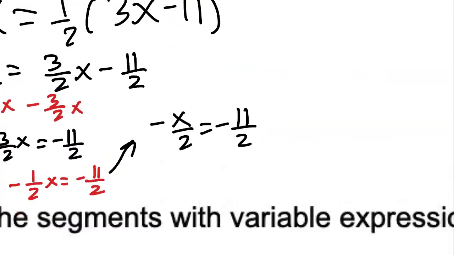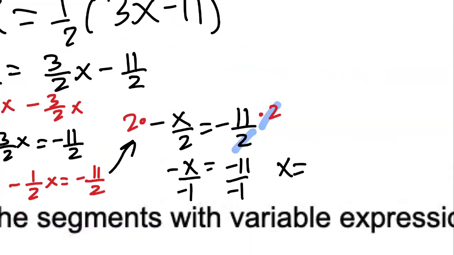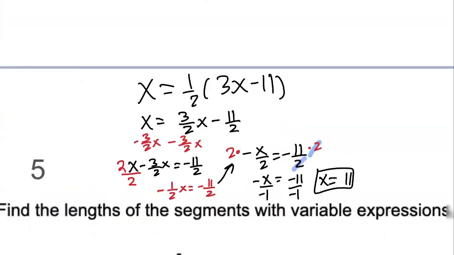To get rid of the 2, I multiply both sides by 2. Negative x equals negative 11, because on the right-hand side the 2's cancel. And look at that, when I divide by negative 1, I still get positive 11.